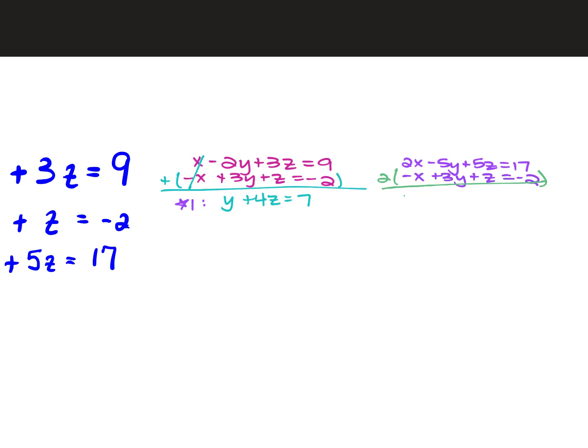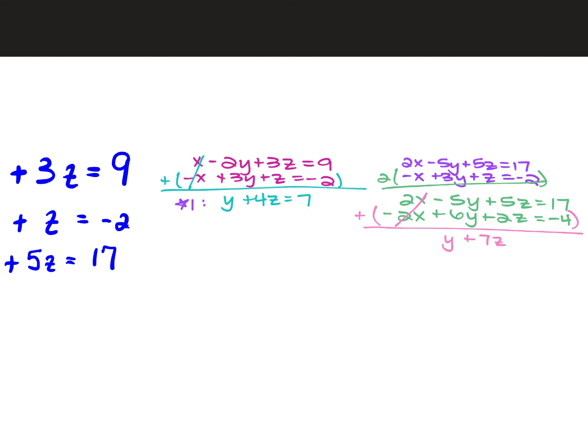So this is just going to turn into 2x minus 5y plus 5z is equal to 17, and negative 2x plus 6y plus 2z is equal to negative 4. Combine your like terms here, or add them. Your x's cancel. We're left with y plus 7z is equal to 13. So here's your new number 2.